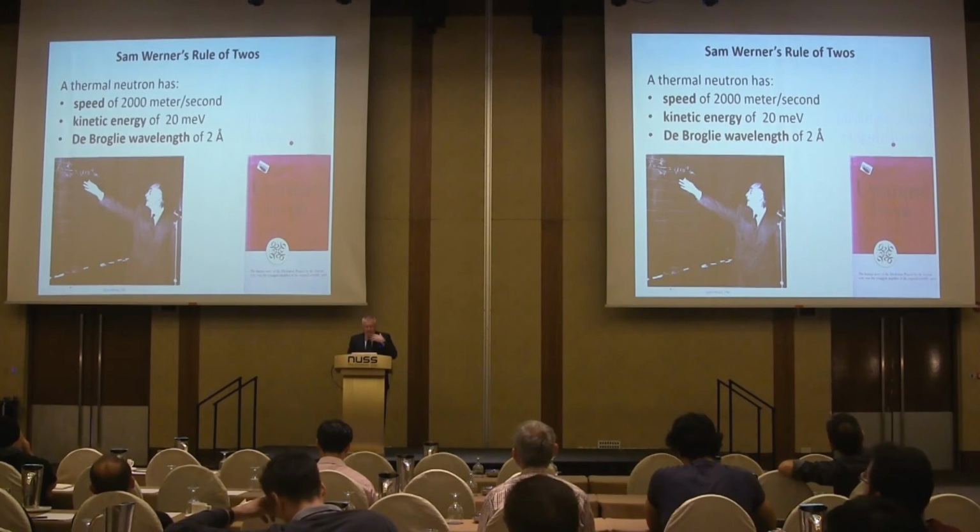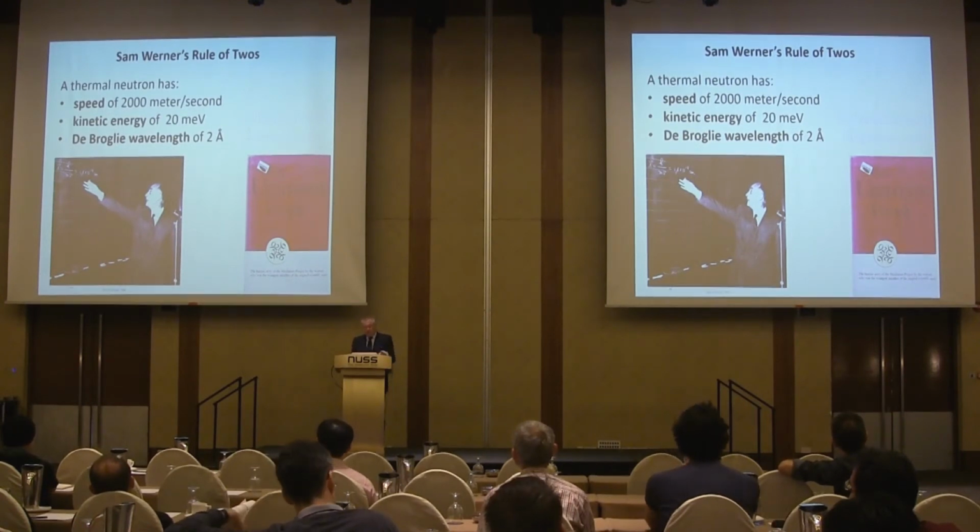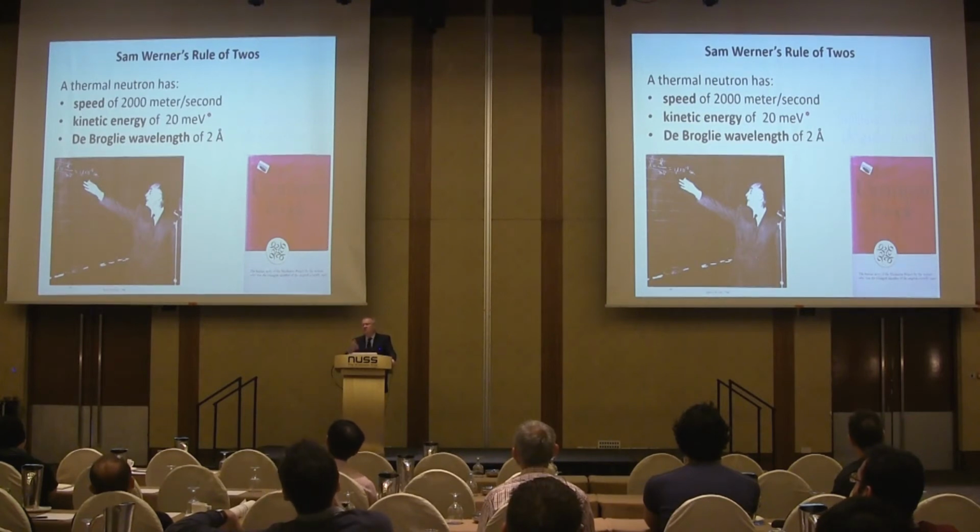Okay, so now getting onto the wave aspect of neutrons, there's a very simple mnemonic that's often used by people who work in this field. The characteristics of the thermal neutron: speed, 2,000 meters per second, 2 kilometers per second, kinetic energy of 20 millielectron volts, which is just the thermal equivalent of room temperature.